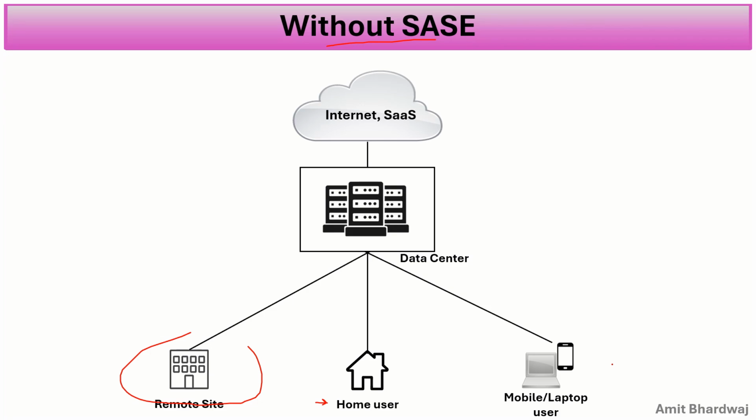All of them connected through MPLS, internet, point-to-point links or VPN to access the applications in the data center, because most applications were inside the data center and SaaS applications were far fewer. At that time, the applications in the data center were accessed by a limited workforce.